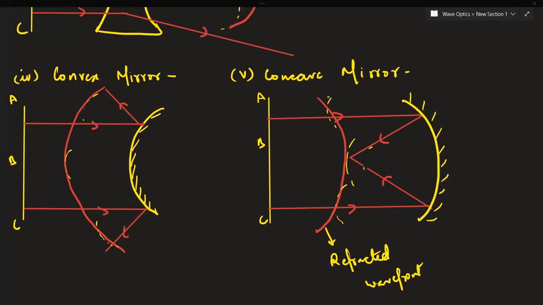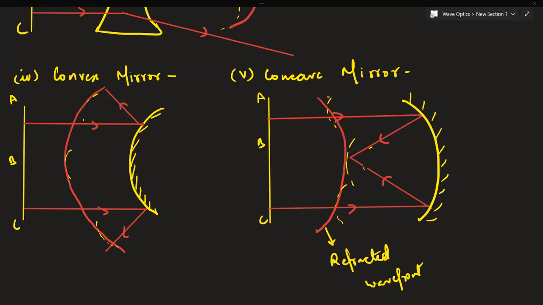Now see, therefore the central portion of this secondary wavelet is closer to the mirror than these marginal portions, because over here the distance is larger, over here the distance is lesser. So the case is just similar to the lens, it's just that we have considered mirror now. So the reflected wavefront is spherical and it converges to the focus.